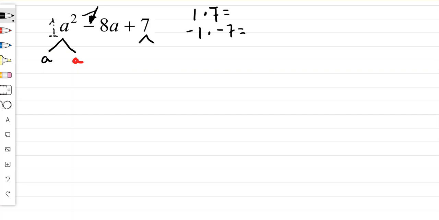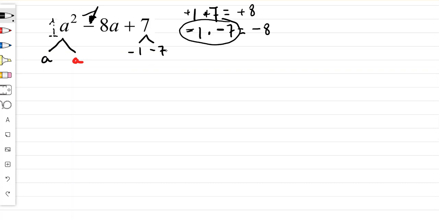Well, if I come back up to here, these both are positive, so if I combine them, I get positive 8. But if I combine these two right here, I get negative 8. So what I'm really looking for is two negative numbers. So let's do it. A negative 1 here and a negative 7 here.